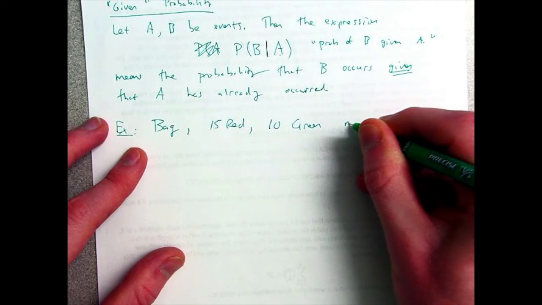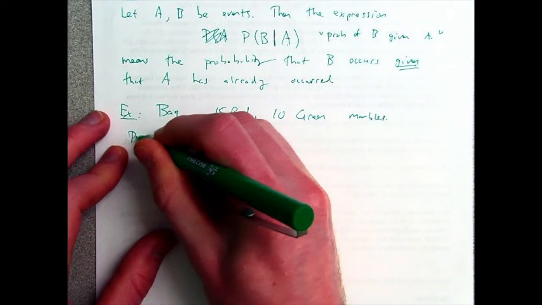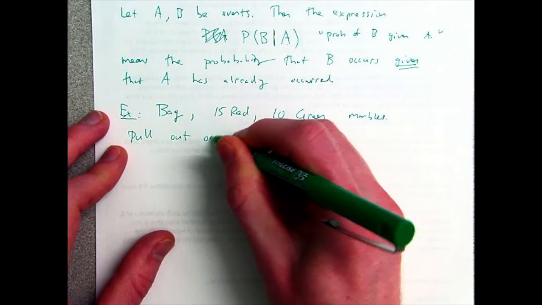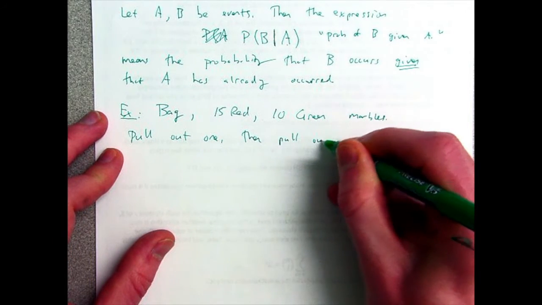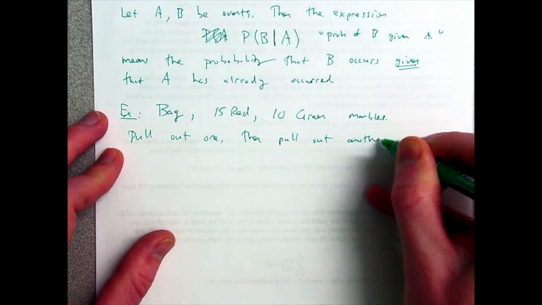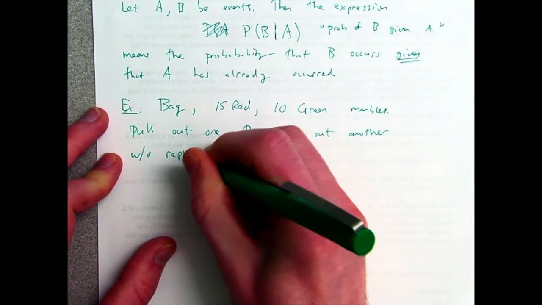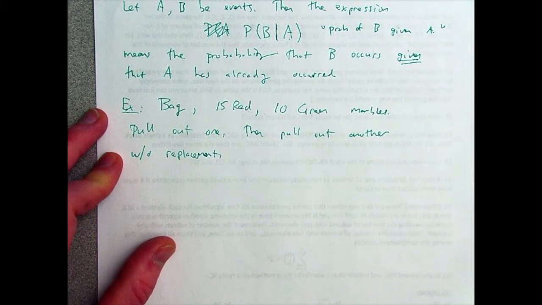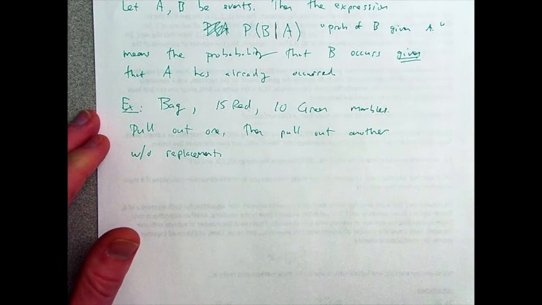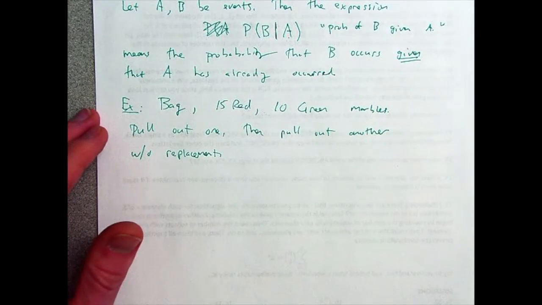And the situation is you reach into the bag, you pull out one, and then you pull out another without replacement. So what that means is you reach in, you pull out one marble, you don't put the first marble back, you set it aside, you reach in, you pull out a second marble.